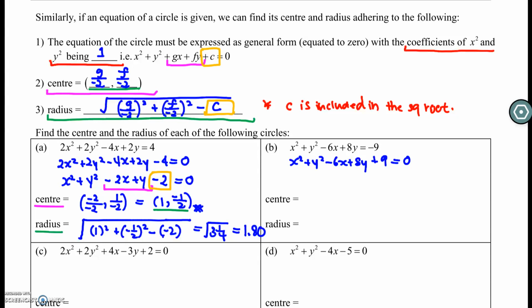The next condition in step 1 is to ensure that the coefficient of x squared and y squared equals to 1. In this case, the coefficient of x squared and y squared is both 1. So we are done with step 1. So step 2, looking at the coefficient of x and y, we can determine the center.